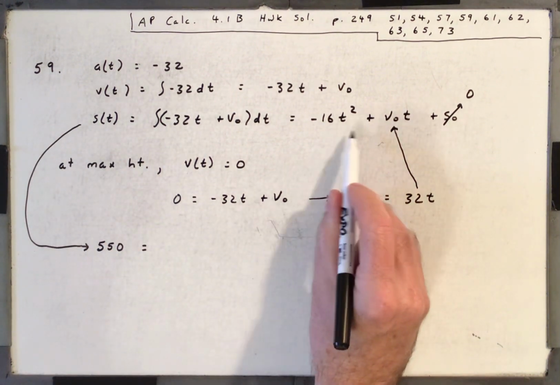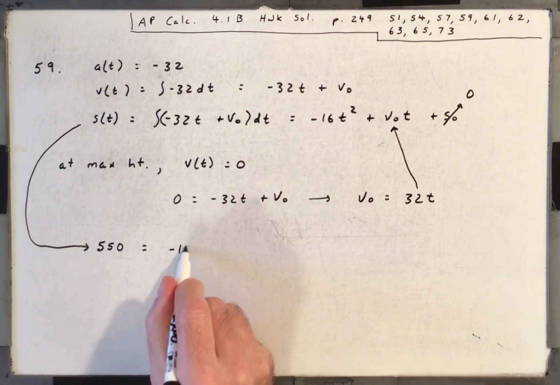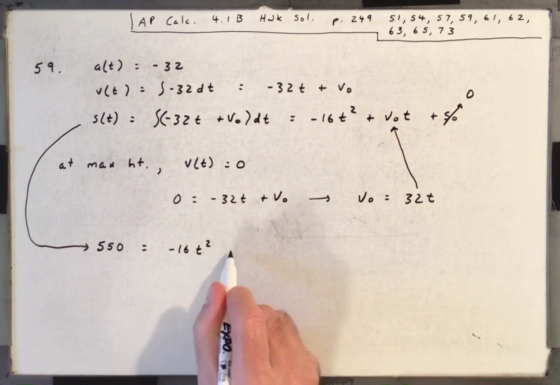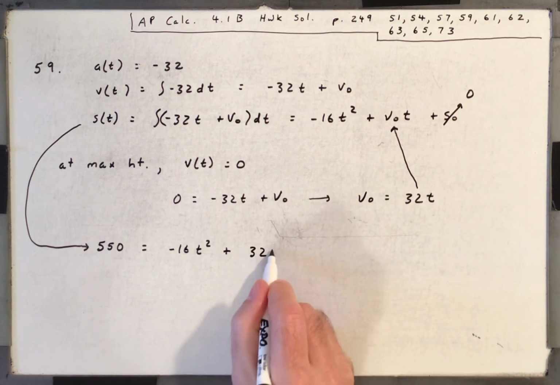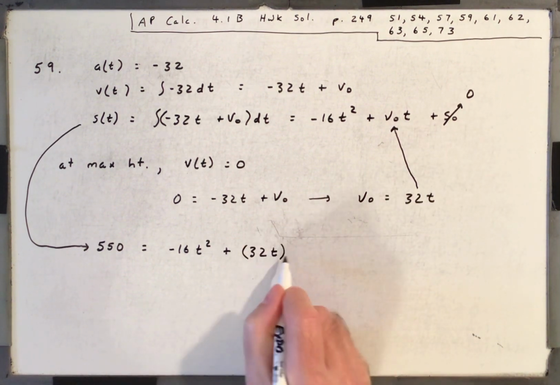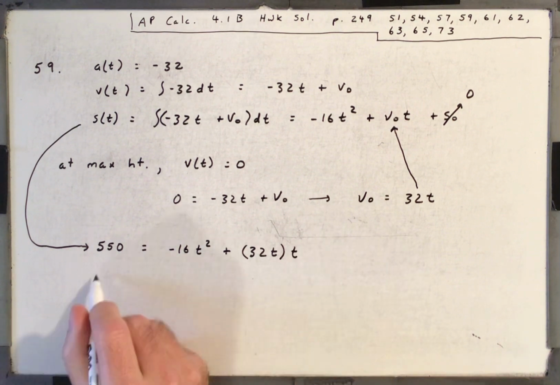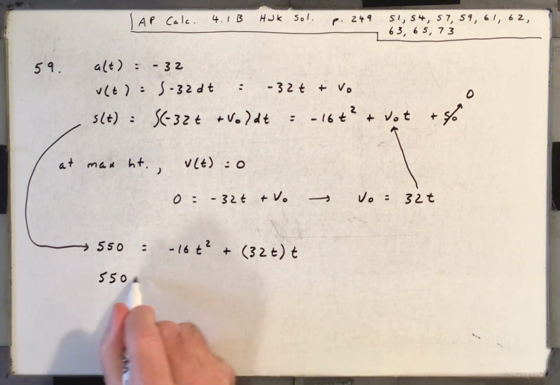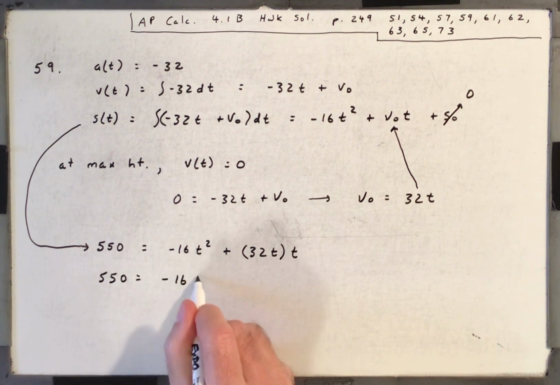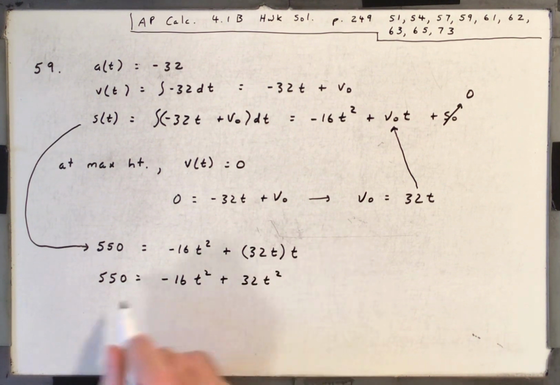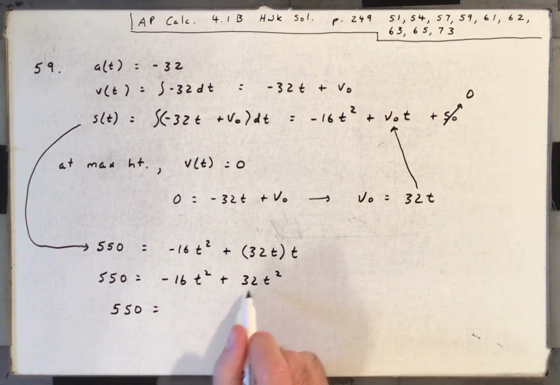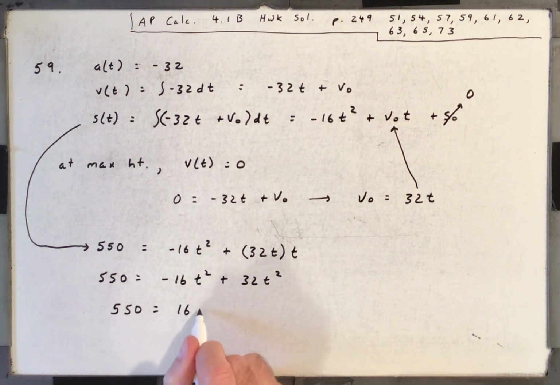We can set that equal to the position function, minus 16t squared plus 32t, that's v naught, right, times t. So 550 is equal to minus 16t squared plus 32t squared. 550 then would be negative 16 plus 32, that's 16t squared.